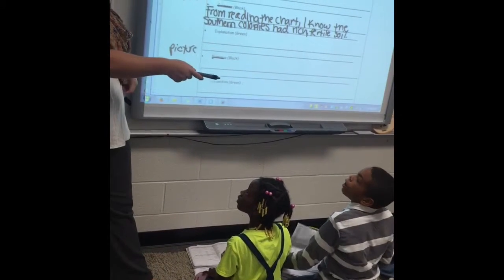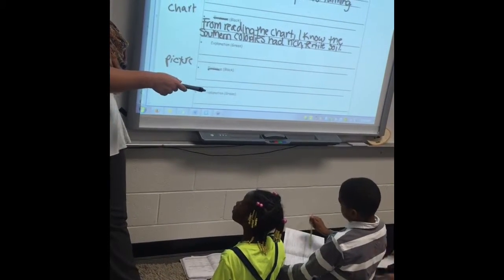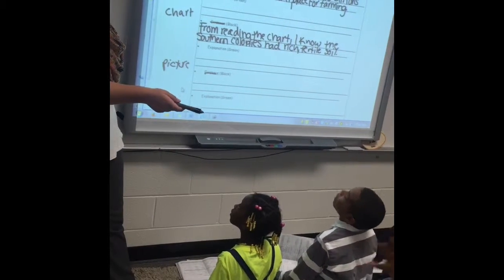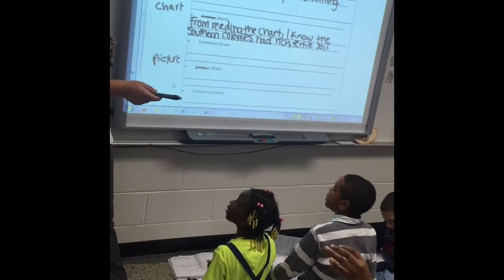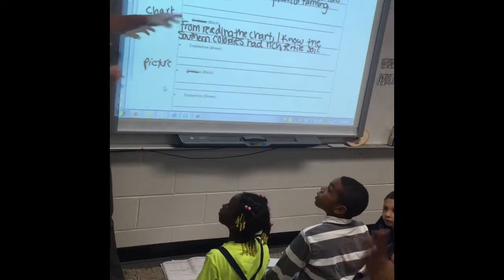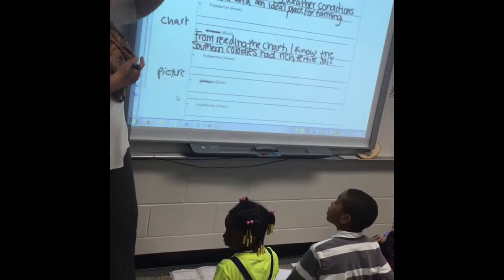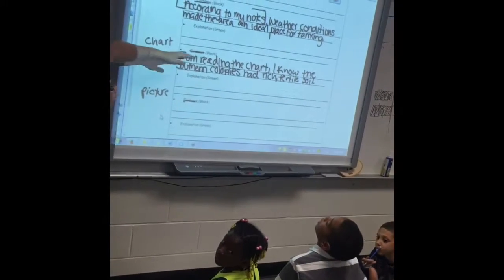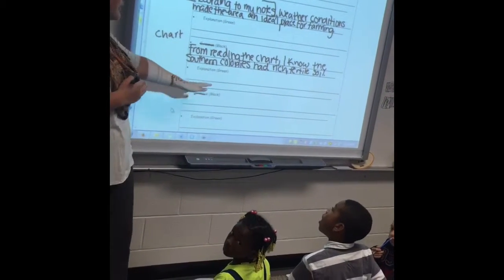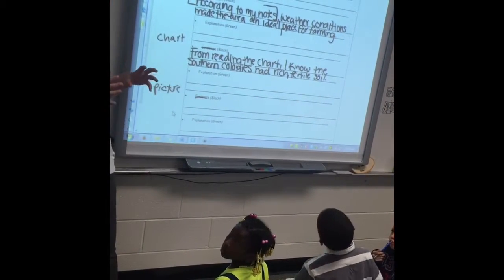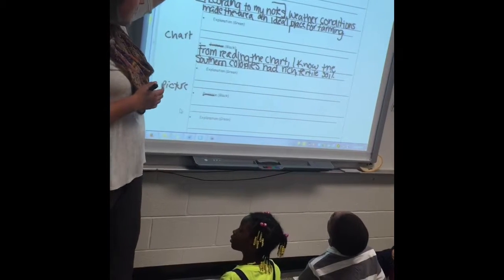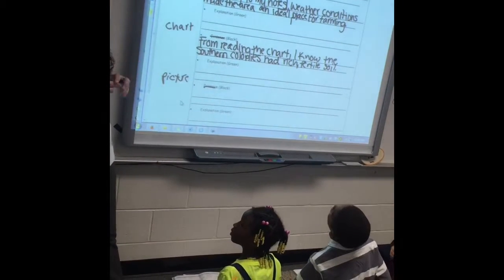No. What are we going to have to do? Go back in. Look at it. Go back in and find, make a connection between how the weather affects the geography and their jobs, right? So in your evidence, you may talk about the weather, but then in your explanation, you have to go back and make that connection of how the weather affects the geography and the economy.